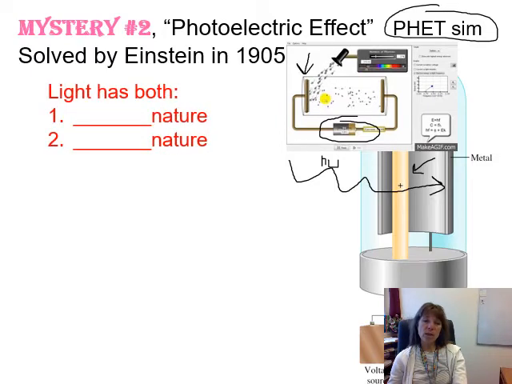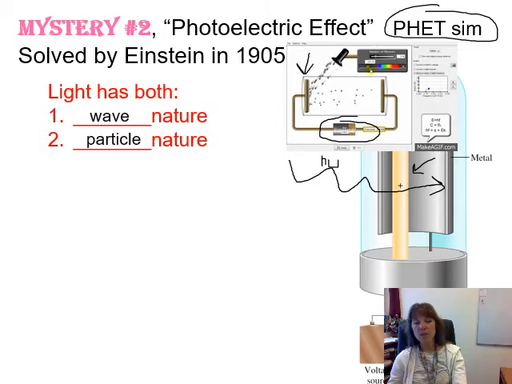So when the photoelectric effect was being explained by Einstein, what he said is that light has both wave nature and particle nature. Light, which is waves, can cause this effect, where light waves hit the metal and eject electrons, and that was actually caused by more of a particle nature.